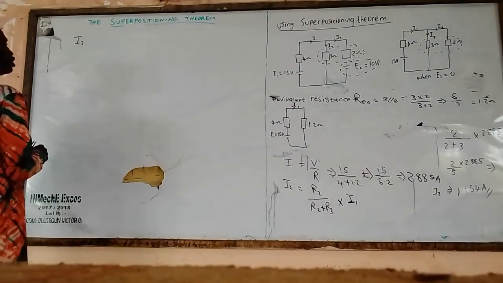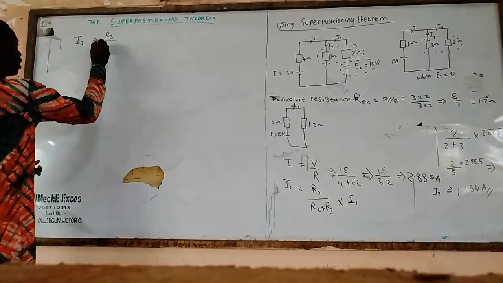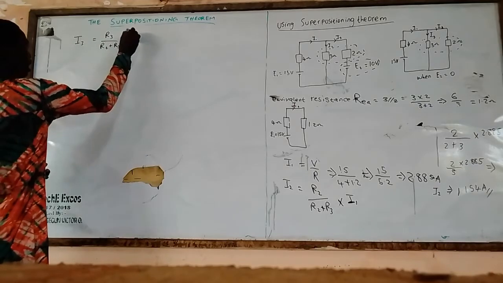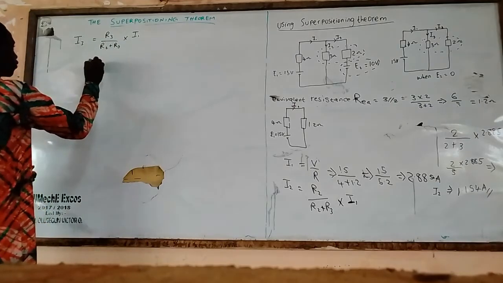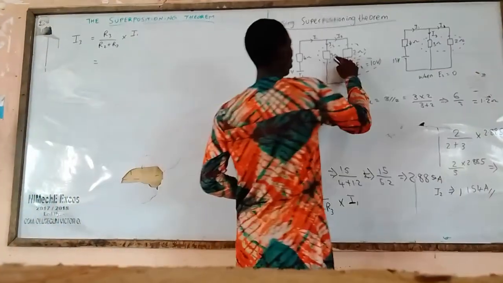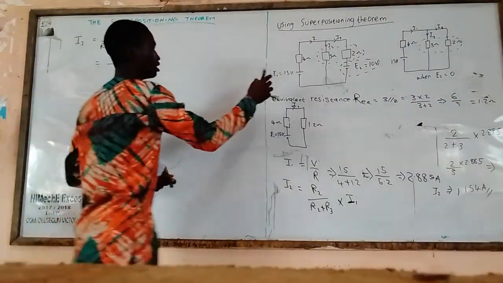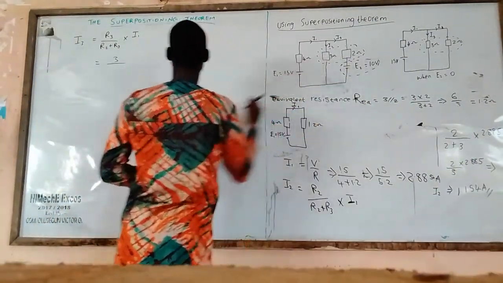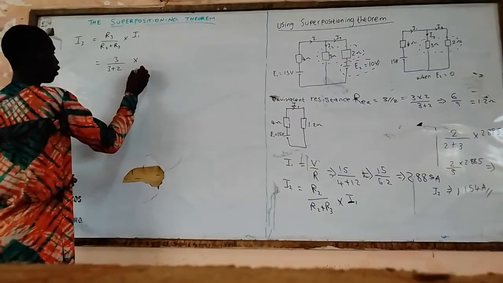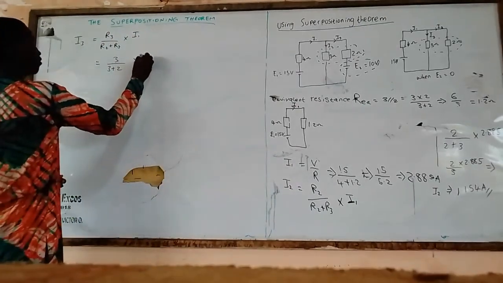The same thing, it will still be R3 divided by R2 plus R3, times I1, the current to solve for. R3 is 3 ohms. So 3 ohms divided by the sum, 3 plus 2, times our current I1, which is 2.885.